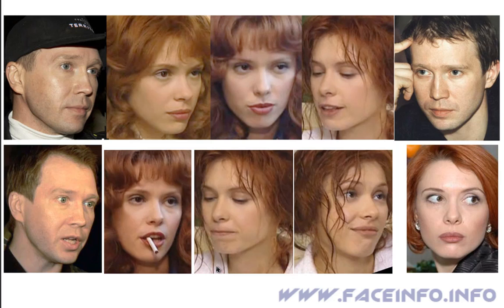So, the shape of nasal bones and cartilages of Evgeny Mironov and Tatiana Kolganova is very similar. We see that the development of nasal muscles also develops the nose wings, despite that they consist mostly of fat.